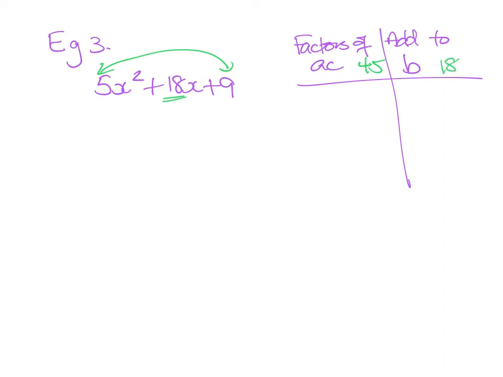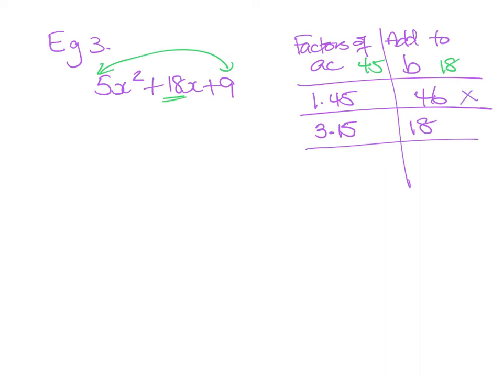So we're looking for factors of 45 that add to 18. So we have 1 by 45 that adds to 46. We have, well, it's not even, so we don't have 2 by anything. We have 3 by 15, and that adds to 18. So we know that we want this one, so we can stop there.